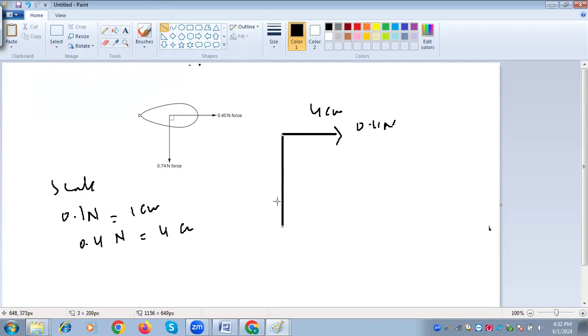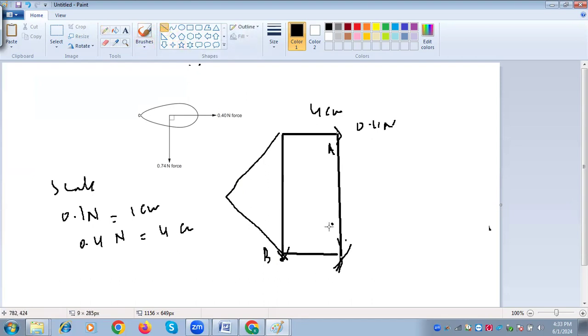If you do it by the parallelogram method, then this is the direction. You have to open the compass to this length of 4 centimeter. Keep the compass at this point, say this is point A, point B, and draw an arc. Then place the compass here and you will get the arc here.